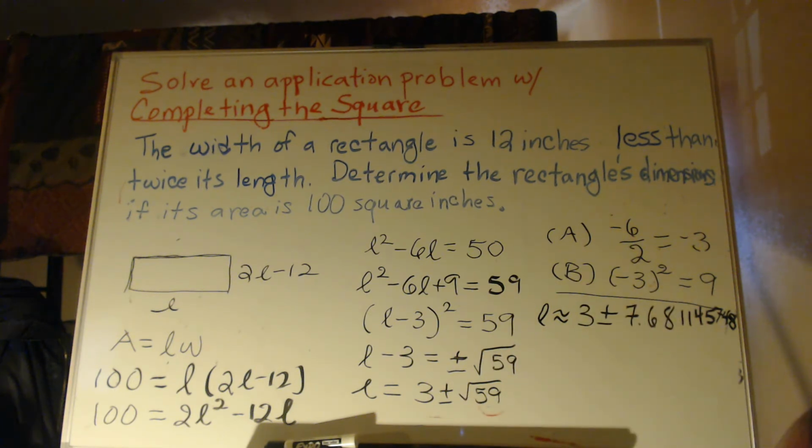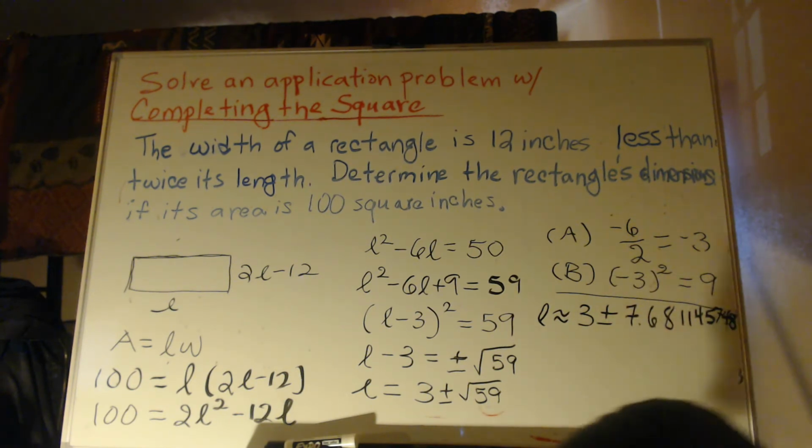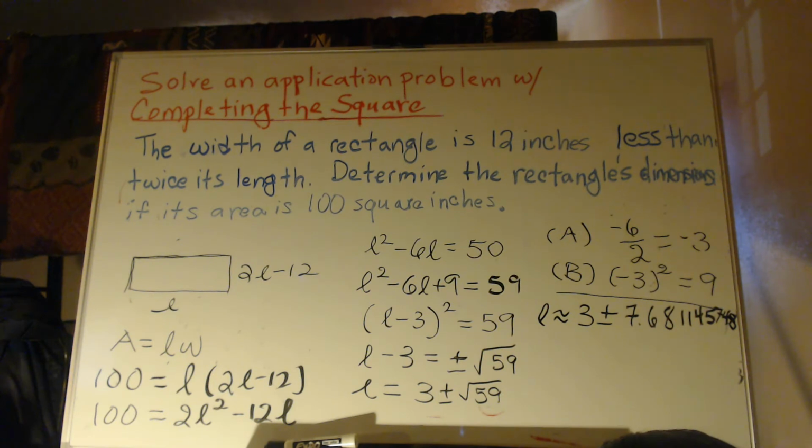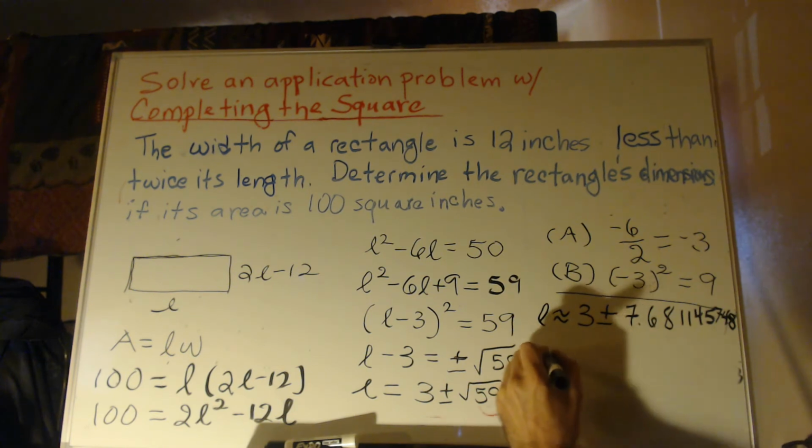So, having come up with this approximation, since it's an application problem, they're going to want to know to a certain degree of accuracy. Well, if we subtract 3 minus the 7.68, that's going to give us negative 3.68.